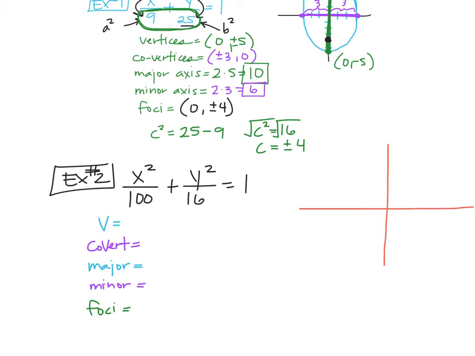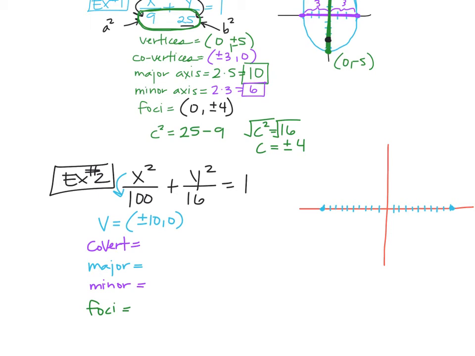All right, so starting with vertices, remember on the x, we're taking the square root of this. So on your x, you need to go 10. So 1, 2, 3, 4, 5, 6, 7, 8, 9, 10. And 1, 2, 3, 4, 5, 6, 7, 8, 9, 10. Okay, so my vertices are going to be plus or minus 10, 0.